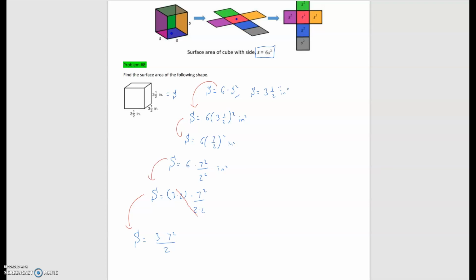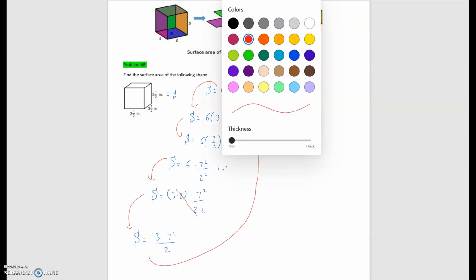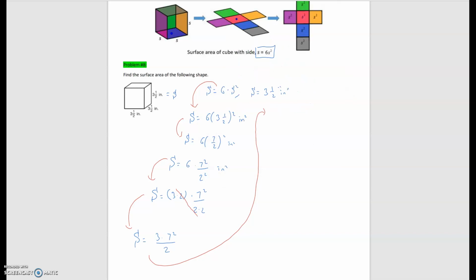We're actually good. Let me move the problem here, since this one may end up being a little bit messy. So the values of s, this is equal to 3 times 7 times 7 is going to be 49 divided by 2. I'm getting 147 divided by 2.